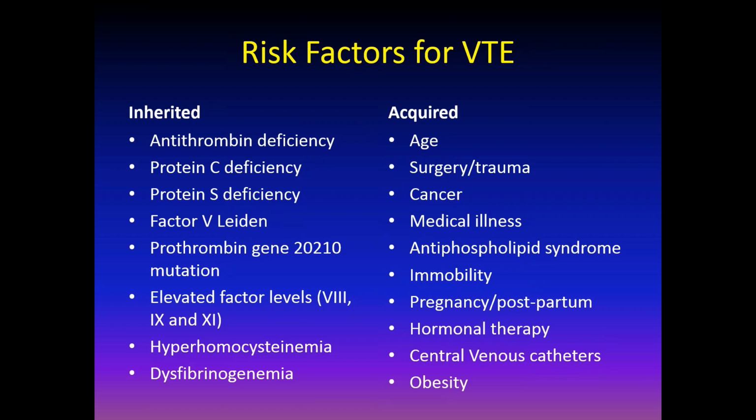What I'm going to do over the next few slides is look at the impact of these risk factors on the absolute risk of DVT-PE, and then look at how they collaborate in a multi-causal model to result in a deep vein thrombosis or pulmonary embolism.